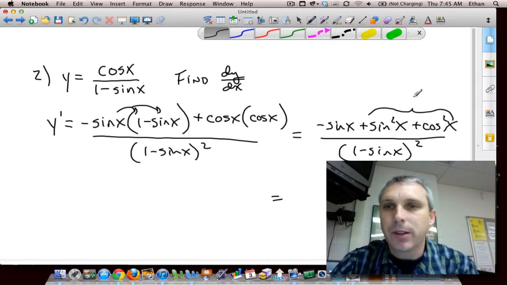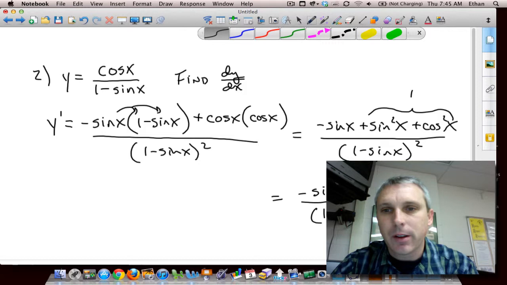Sine squared plus cosine squared equals 1. So this leaves me with negative sine x plus 1 over (1 minus sine x) squared. I think I can do a little bit more because a little bit of rearranging makes this 1 minus sine x. This is a 1 minus sine x. This will cancel with one of those, and it will leave me with this.